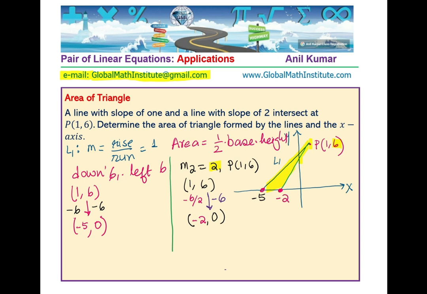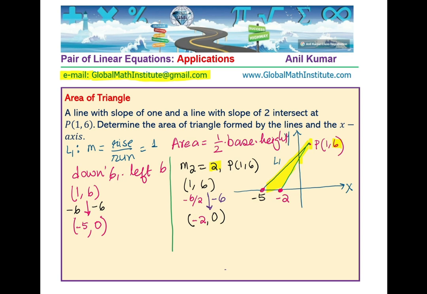So, from slope and the point itself, we can directly find the x-intercepts. We could have found the y-intercept in the same fashion. Y-intercept is a point where the x value will be 0, right?